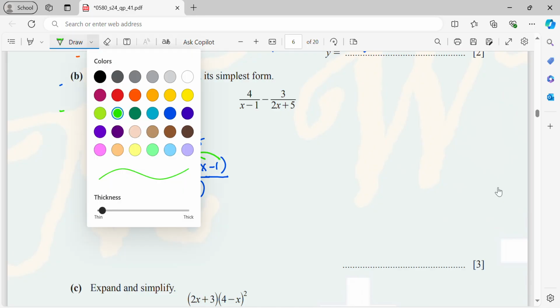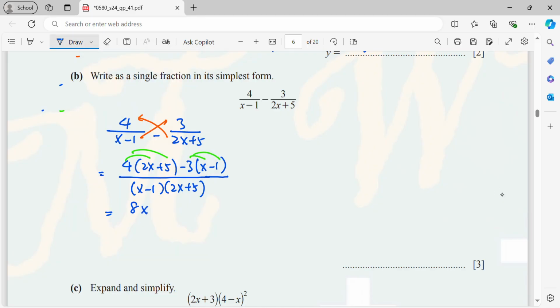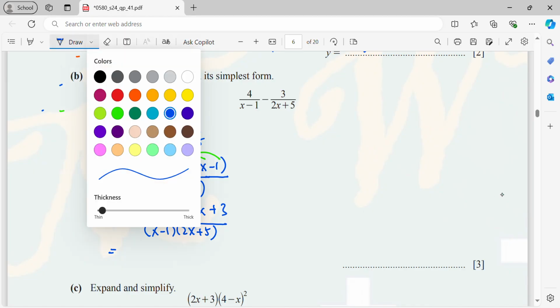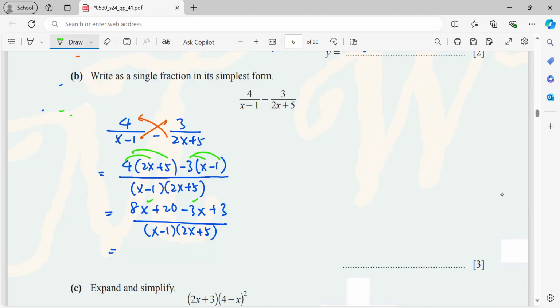I will be getting 8x, 4 times 5 is 20, minus 3 times x is minus 3x, minus 3 times minus 1 is plus 3, over x minus 1, then 2x plus 5. Now for the numerator, 8x minus 3x, you get 5x, and 20 plus 3 is 23. So you will get 5x plus 23 over x minus 1 times 2x plus 5. So that is your single fraction.